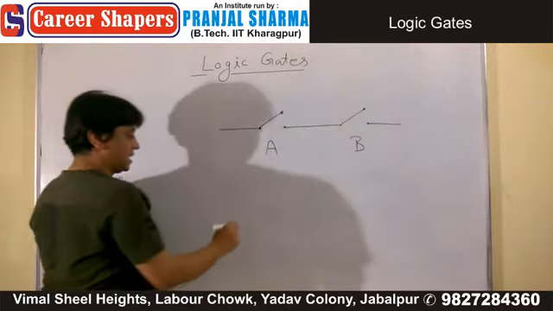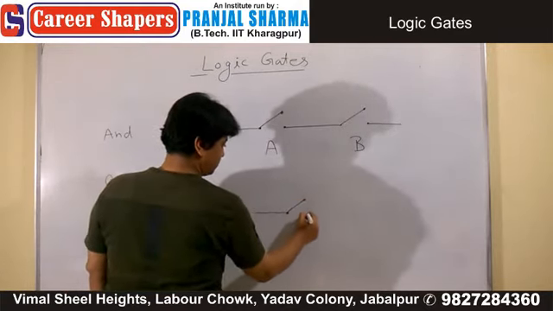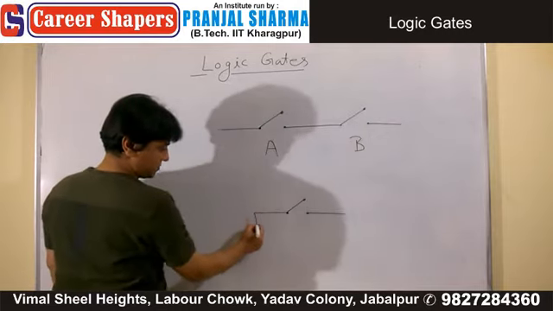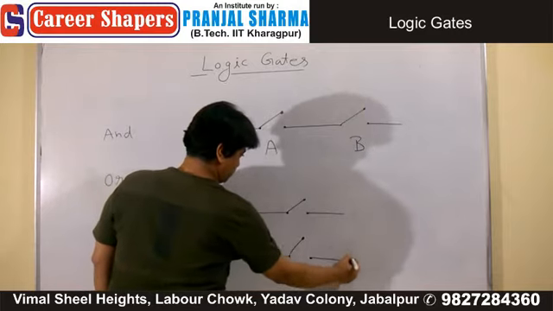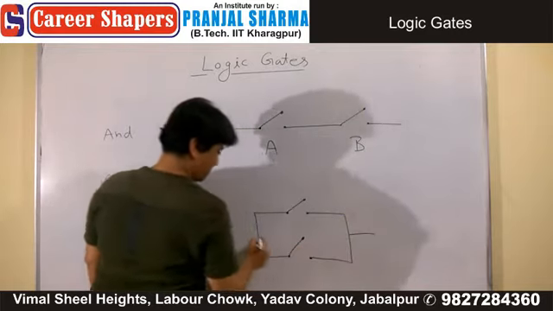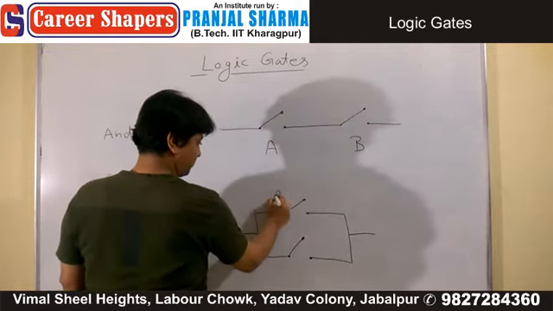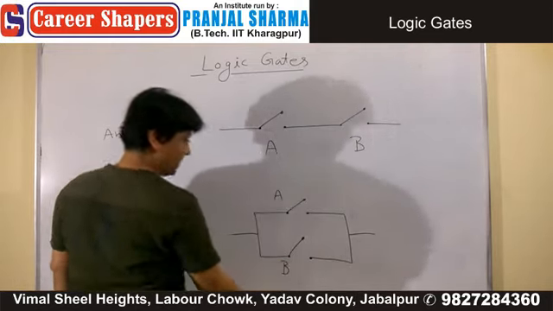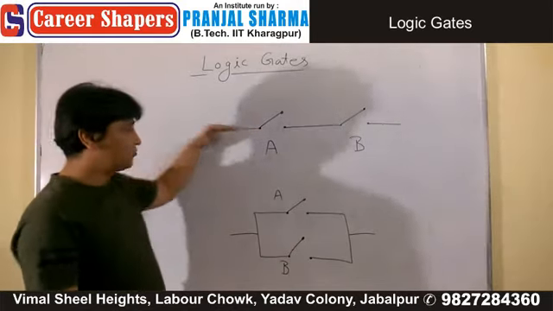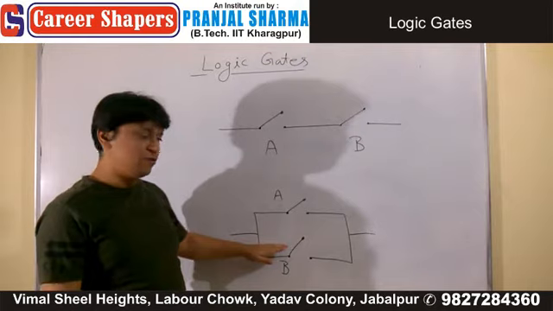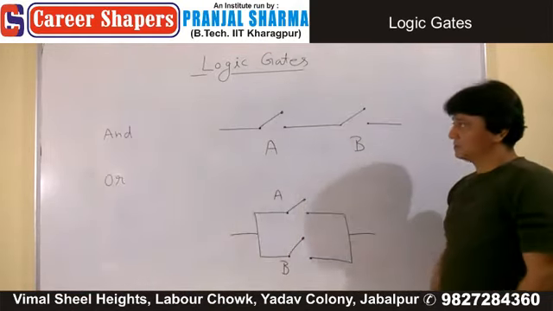And there is another circuit in this form. There are two switches A and switch B like this. Again, current is coming from this side, current is coming from this side. Look at these two switch patterns.